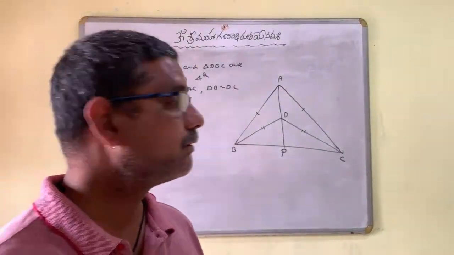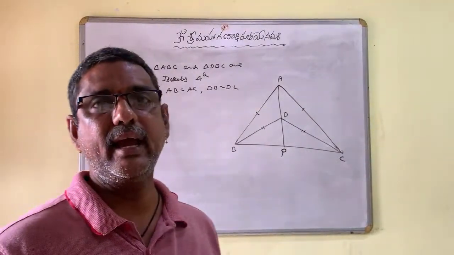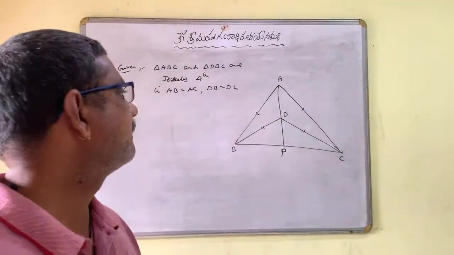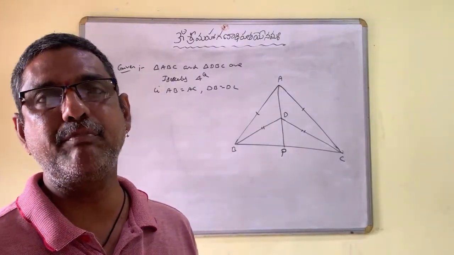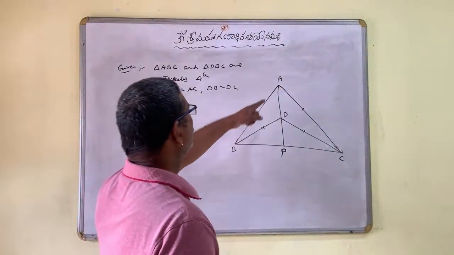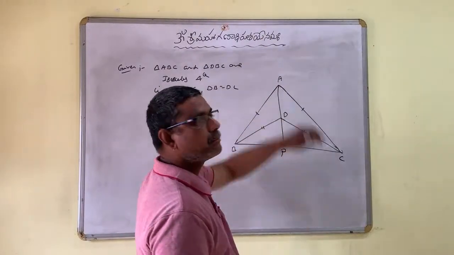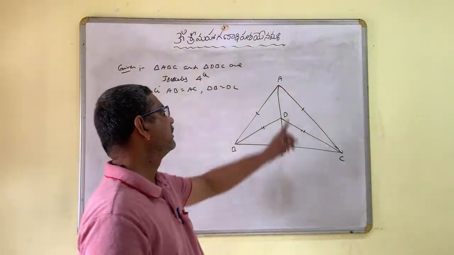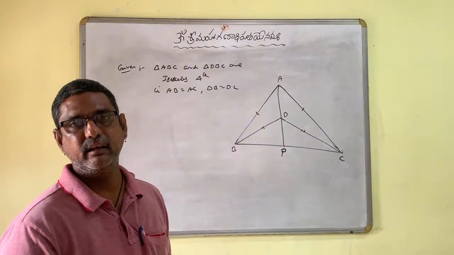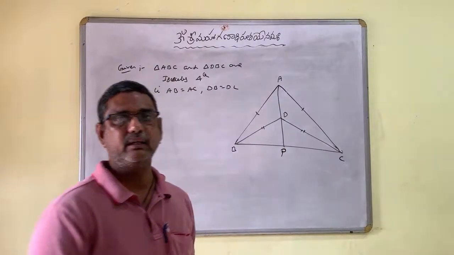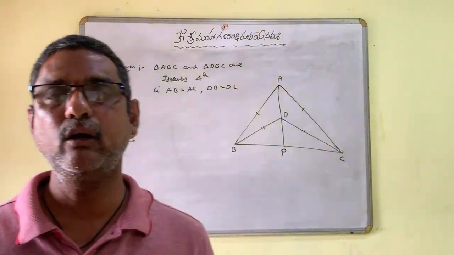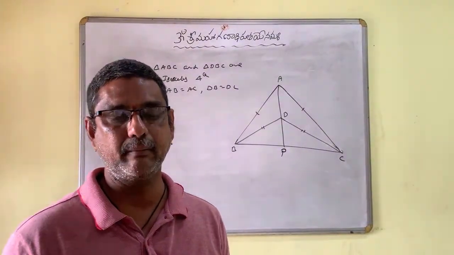And both the points A and D are on the same side of BC, means both A and D are above BC. Now, AD is extended to meet BC at P.